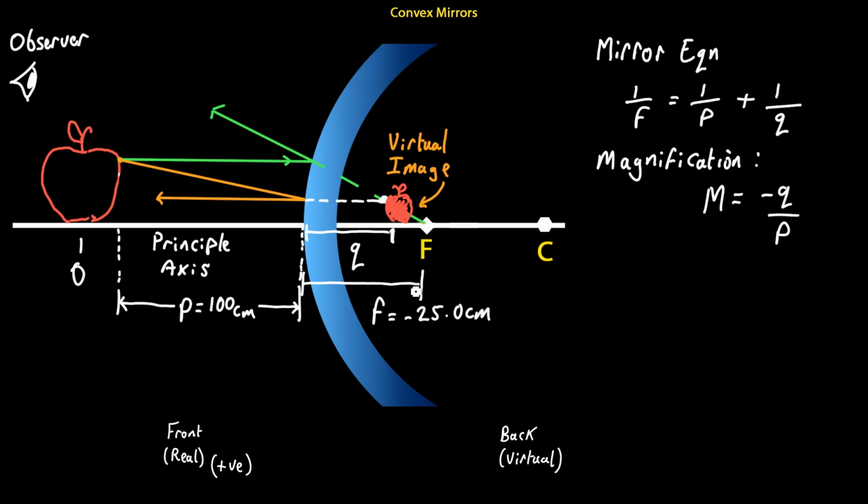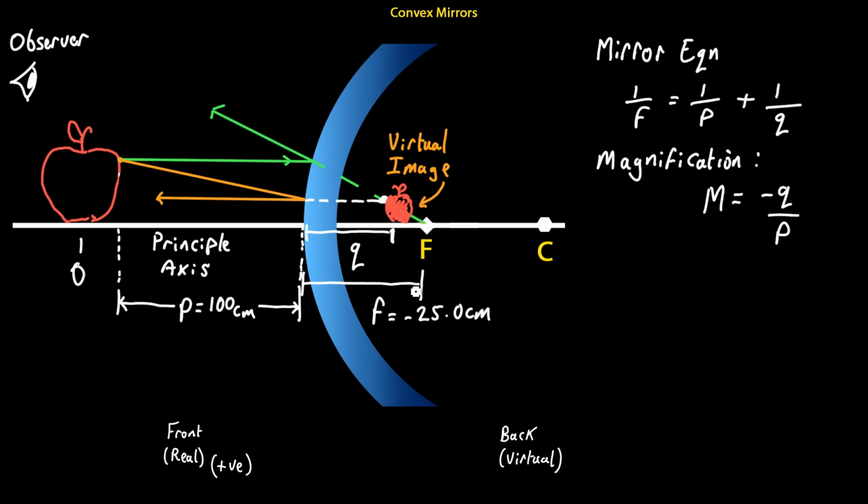And from our ray diagram, we can also see that the virtual image is much smaller than our object. And in fact, this will always be the case for convex mirrors. The image will always be virtual, it will always face upright, and it will always appear smaller than the object itself to an observer.